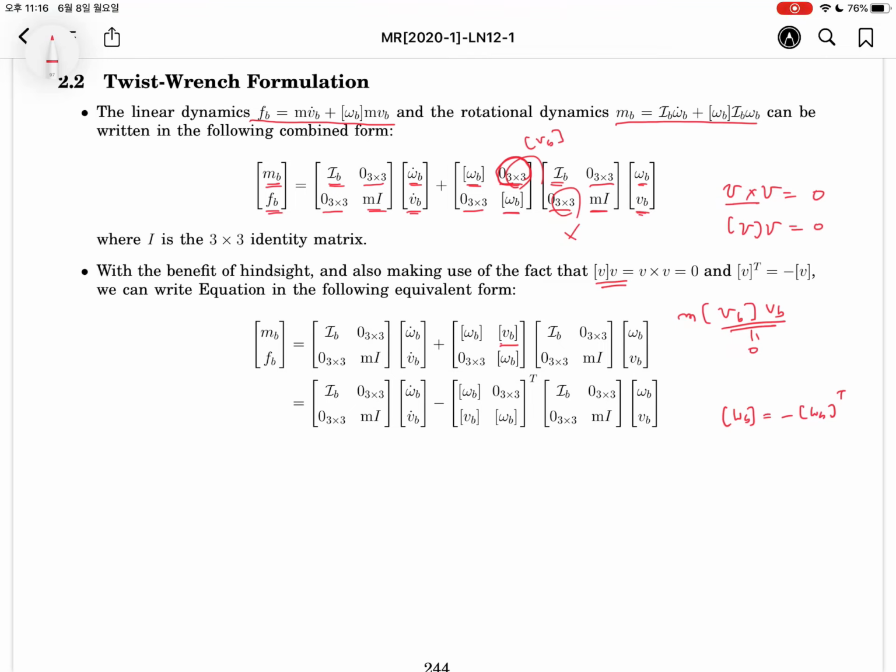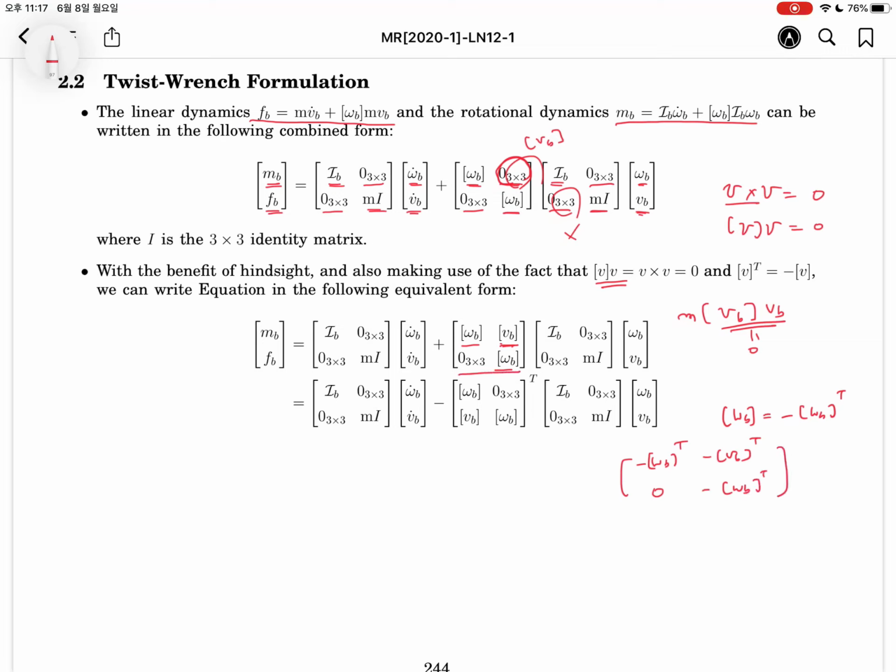So this is the same. We will apply it to here and here and here. So minus omega_B and minus v_B transpose, and the 3 by 3 zero matrix, minus omega_B transpose.